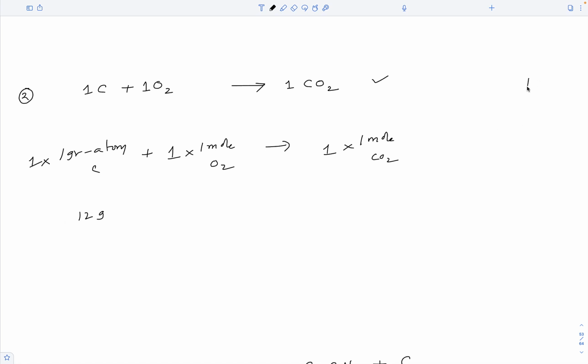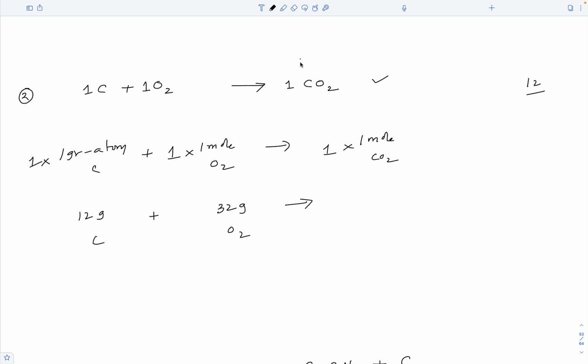Atomic weight of carbon is approximately 12. Multiplied with 1 is 12 grams plus 1 mole of oxygen is approximately 32 grams of oxygen. Molecular weight of oxygen is approximately 32, multiplied by 1 is 32 grams.